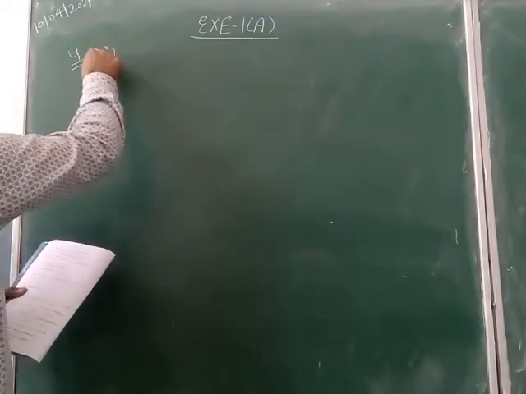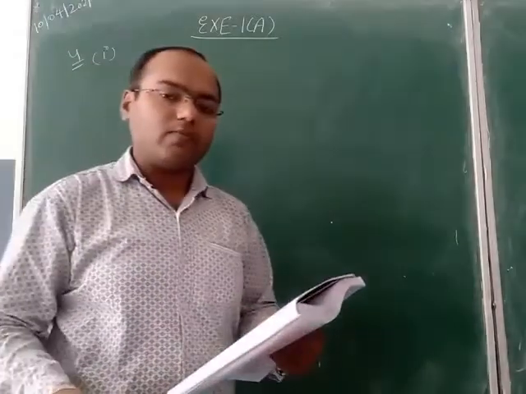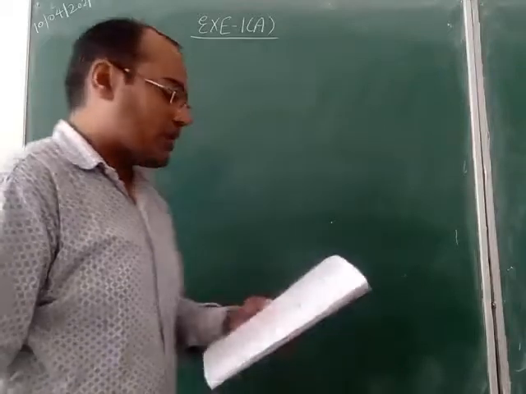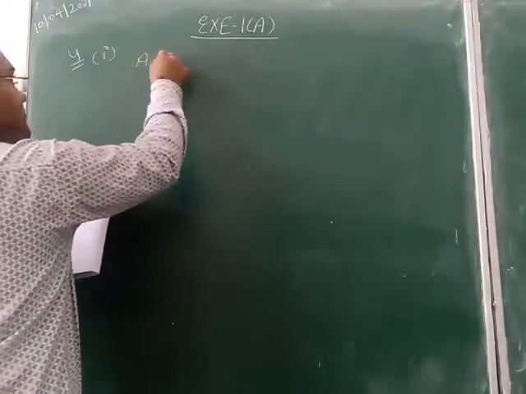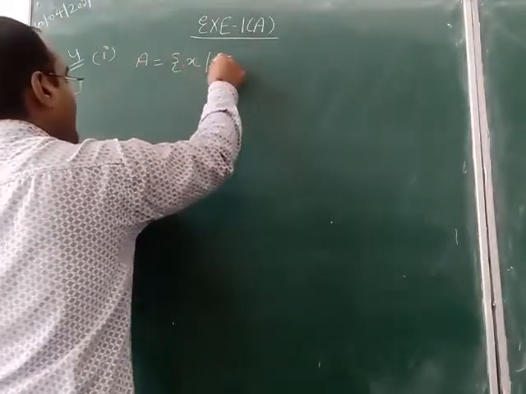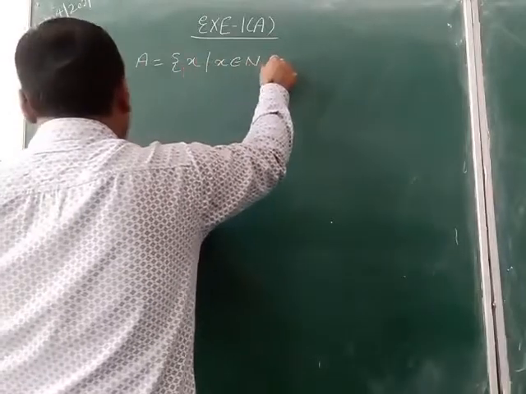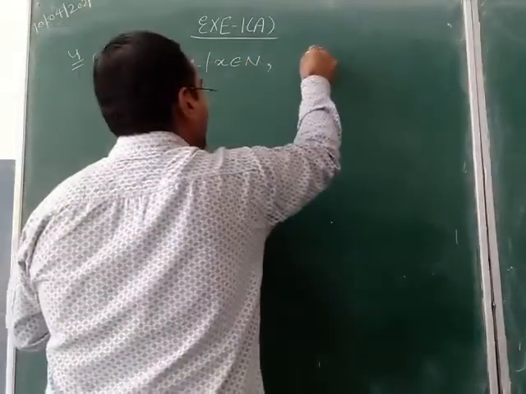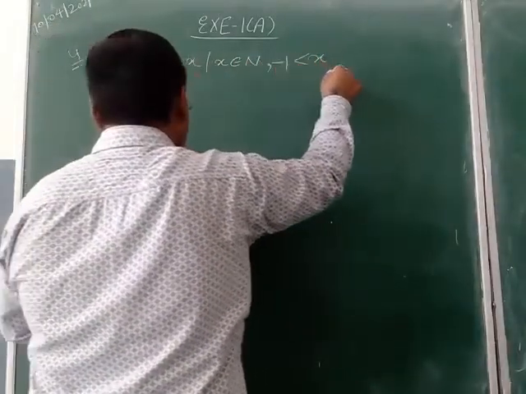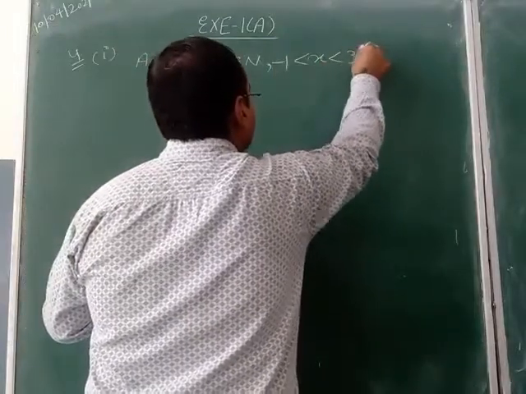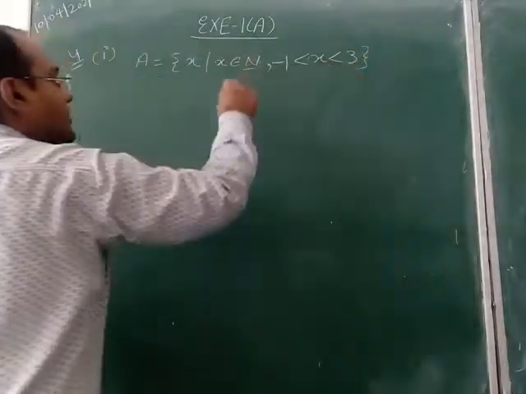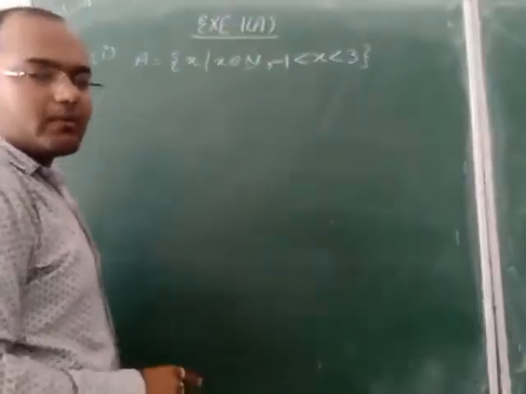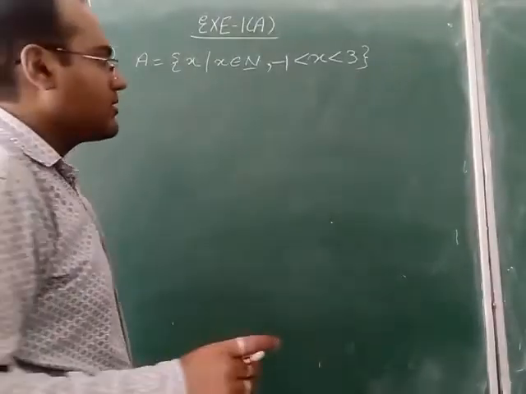First part, we have to write tabular form as well as cardinal number. A is equal to x such that x belongs to N and x is greater than -1, less than 3. So we have to write natural numbers. N represents natural numbers, and natural numbers start from 1.